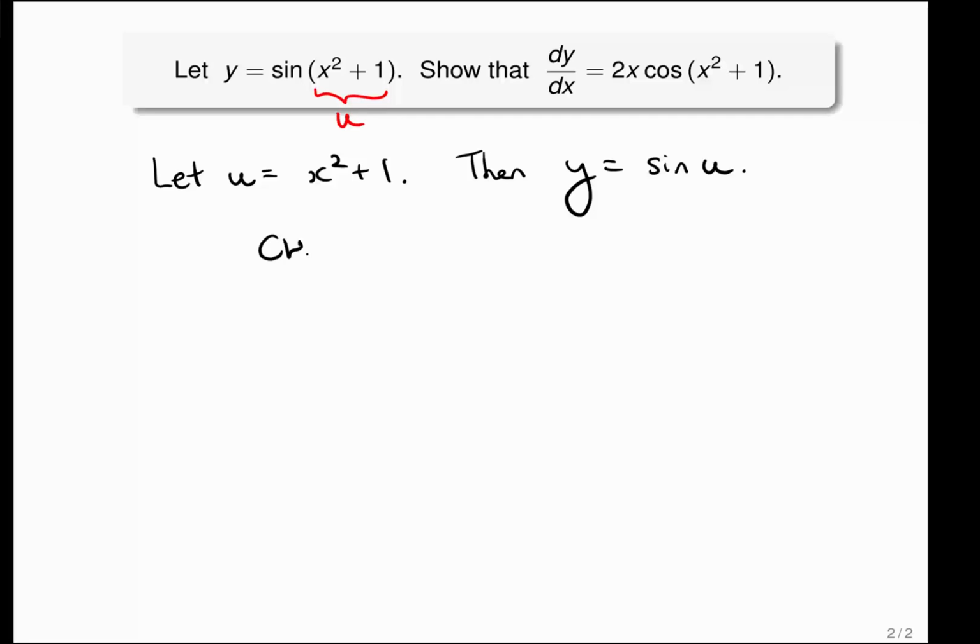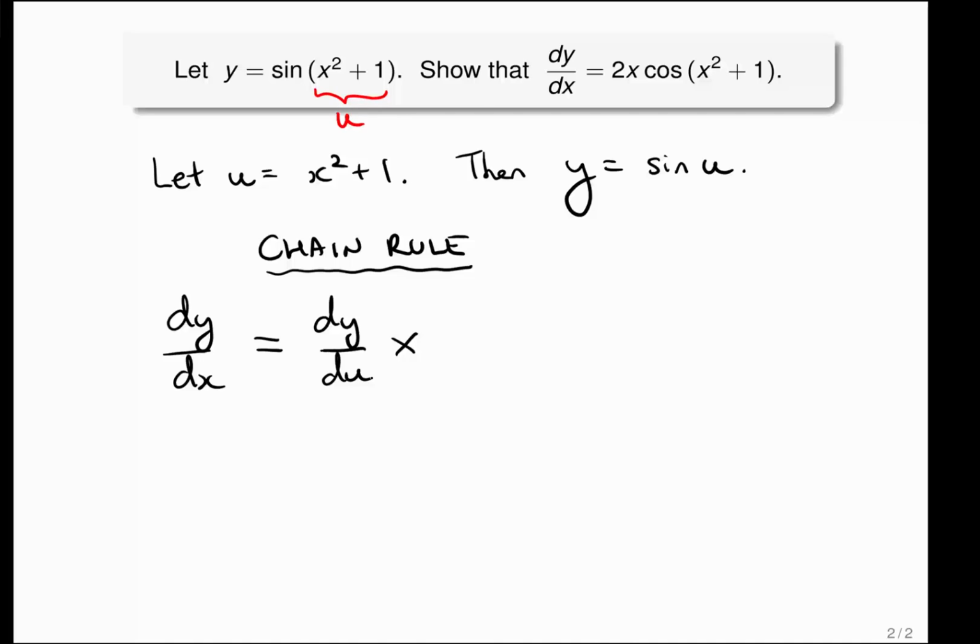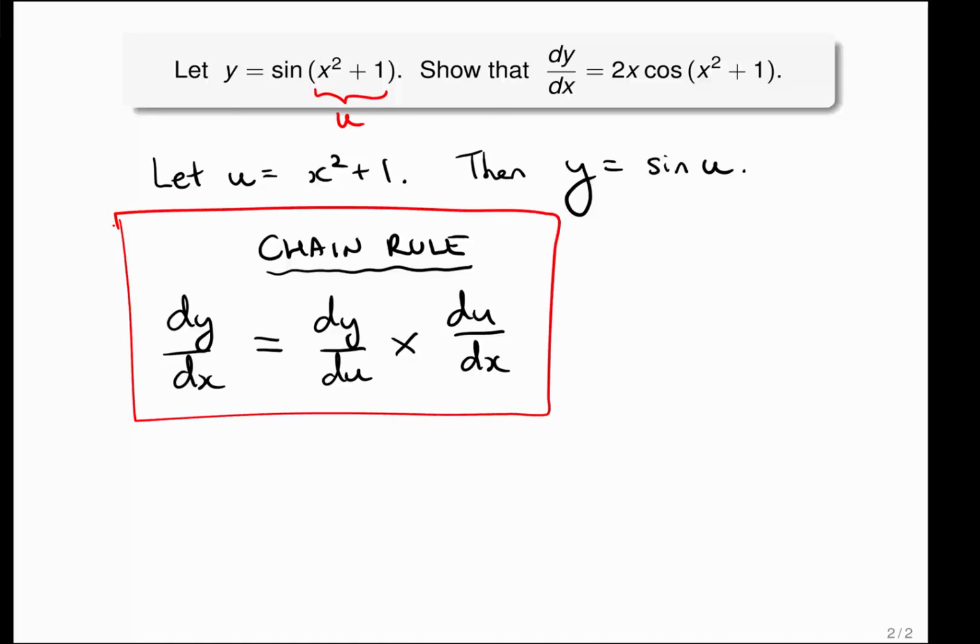We then invoke the chain rule for differentiating composite functions. This states that the derivative we seek, which is the derivative of y with respect to the variable x, is just the product of two smaller derivatives, dy/du and du/dx. So all we have to do is work out these two smaller derivatives, multiply them together, and then we're pretty much done.